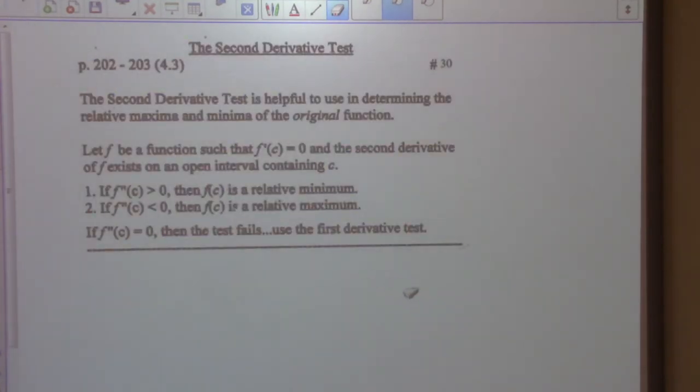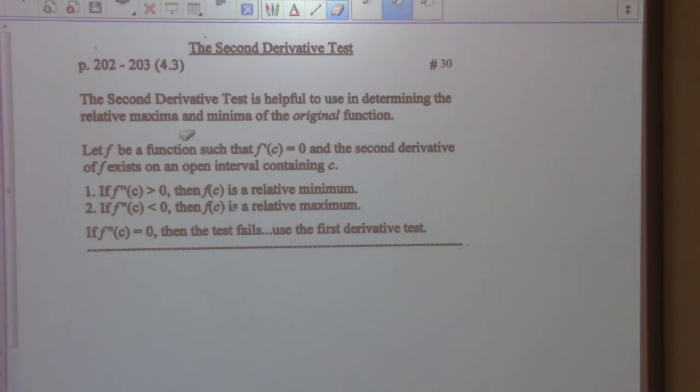Okay, we are now at note card 30, which is our second derivative test. This is used to determine if we have a relative maximum or minimum of the original function.